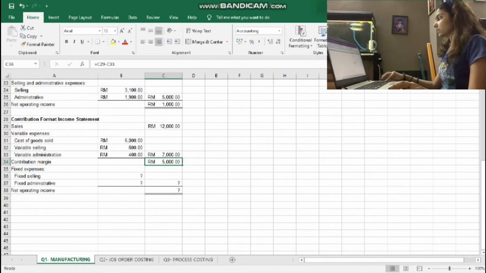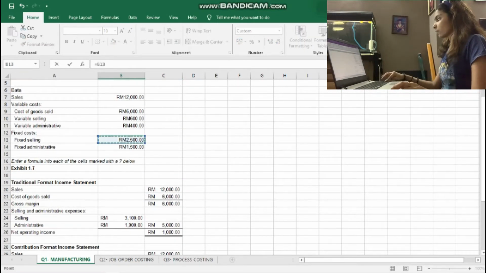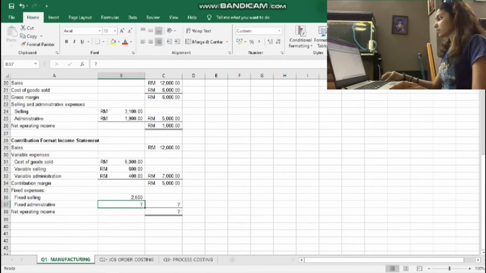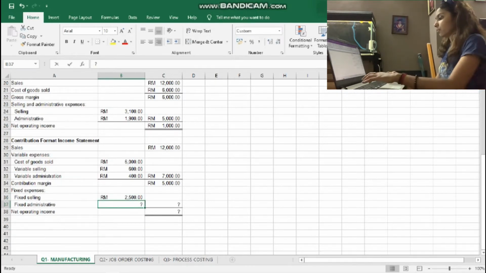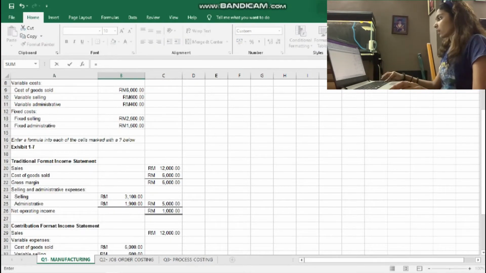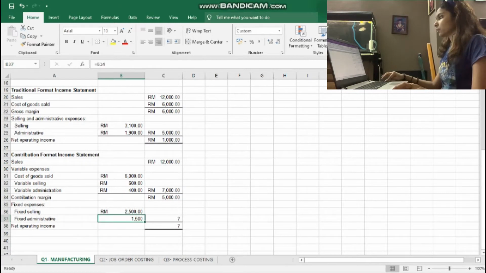And next is expenses. So fixed selling is 2,500 and fixed administrative is 1,500. So we have to total up both of that.